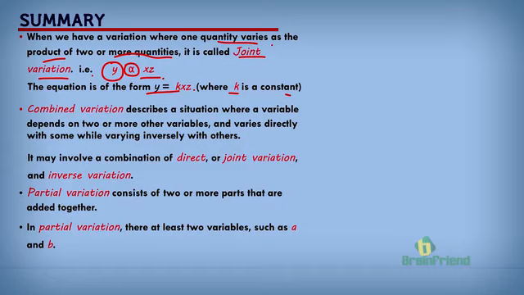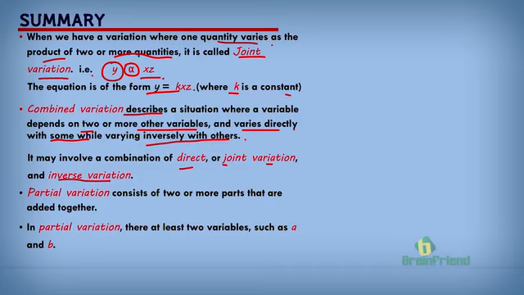We also learned about the combined variation. We said the combined variation describes a situation where a variable depends on two or more other variables, varying directly with some, while at the same time inversely with others. We said it may involve a combination of direct or joint variation and an inverse variation.